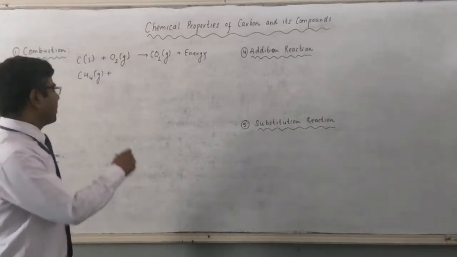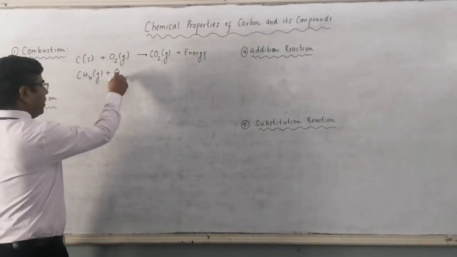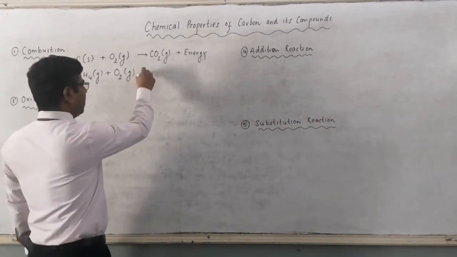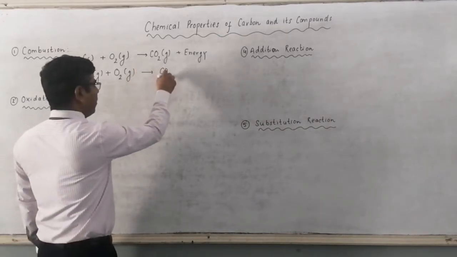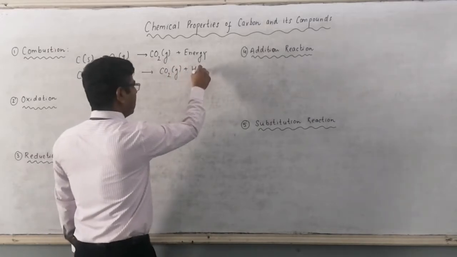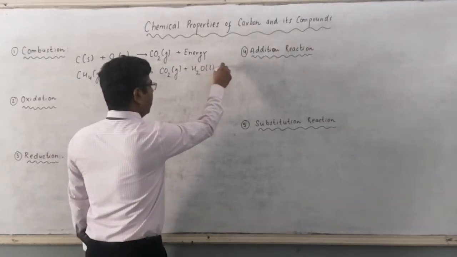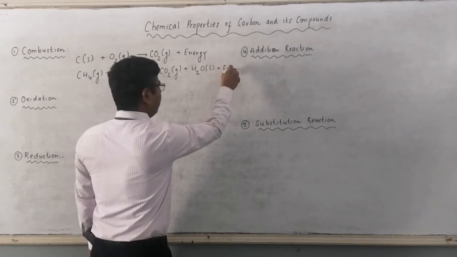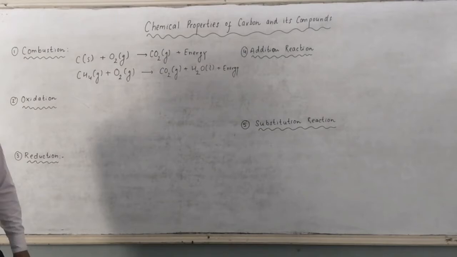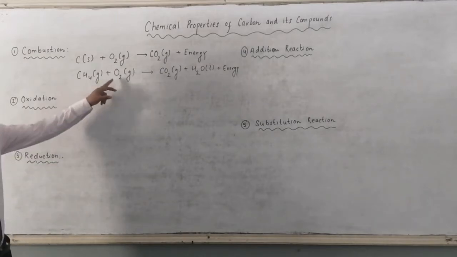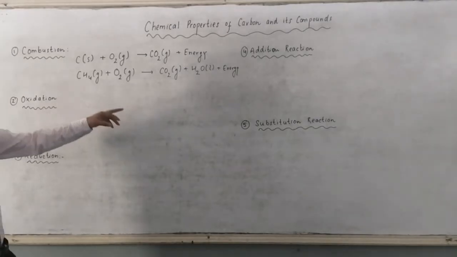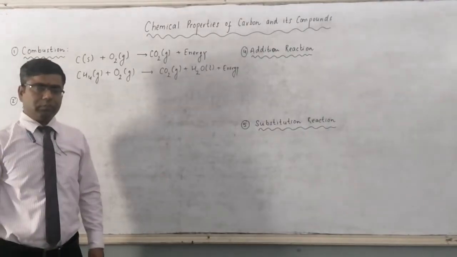So in presence of oxygen, it undergoes burning, as a result of which we obtain CO2 gas and water vapor with the release of energy. Carbon combines with O, forms CO2, H combines with O, forms H2O.